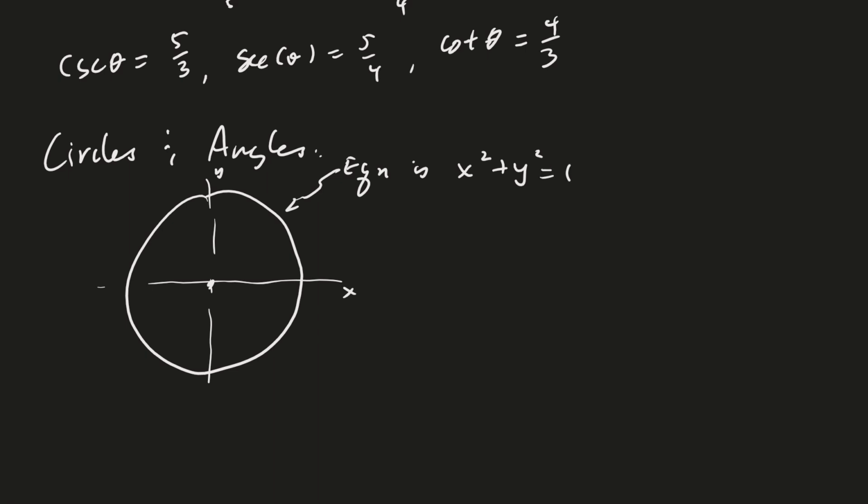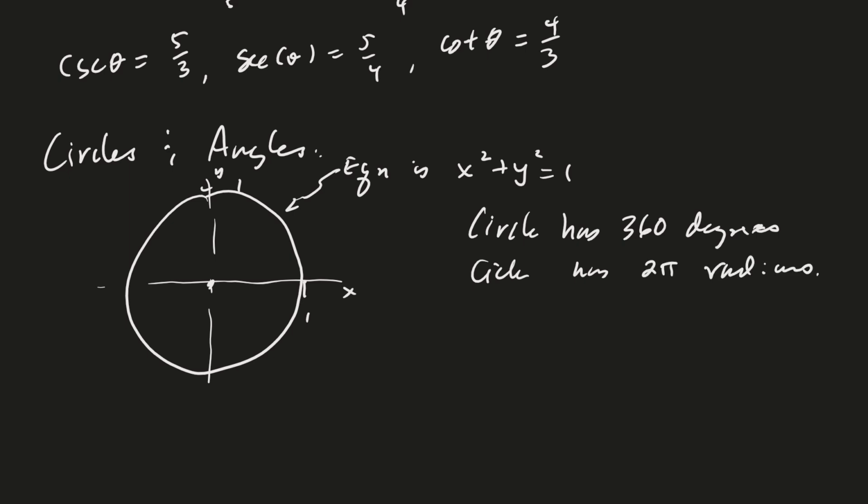That's the unit circle. So let me put a 1 there. Okay, so we know that a circle has 360 degrees, and a circle also has 2 pi radians.